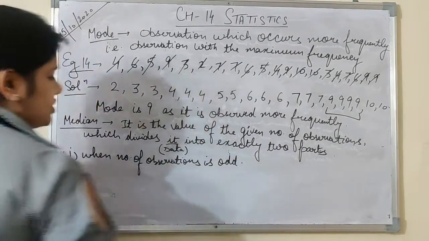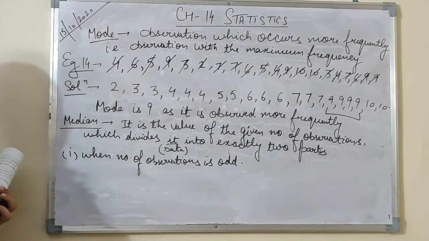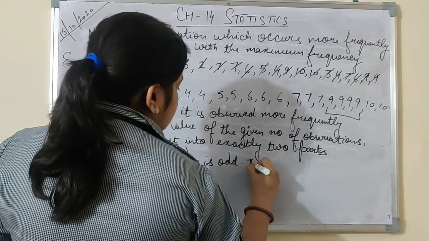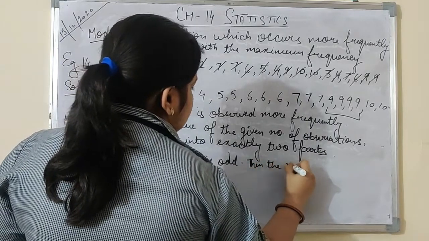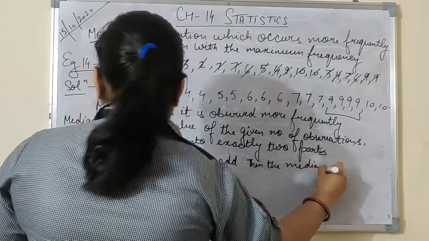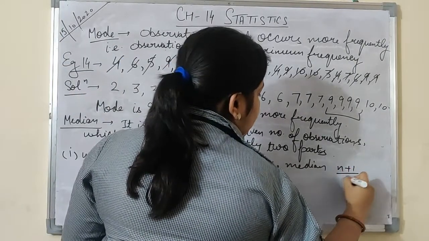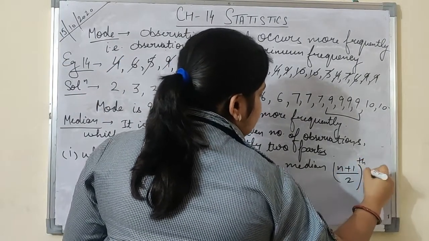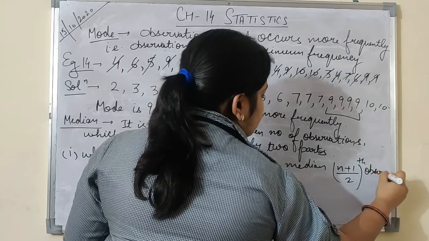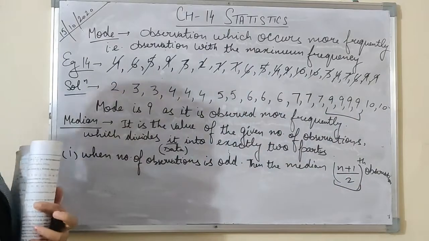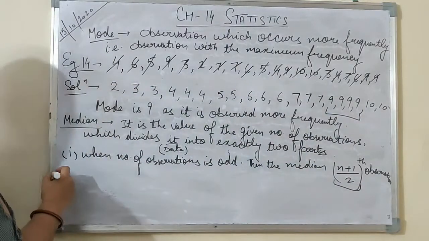If the number of observations is odd, then what is the formula for finding the median? The (n plus 1) upon 2th observation will be your median in that case.